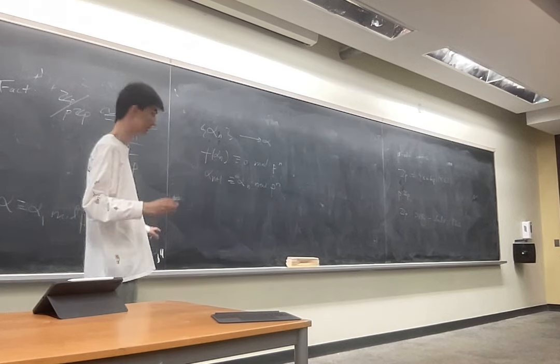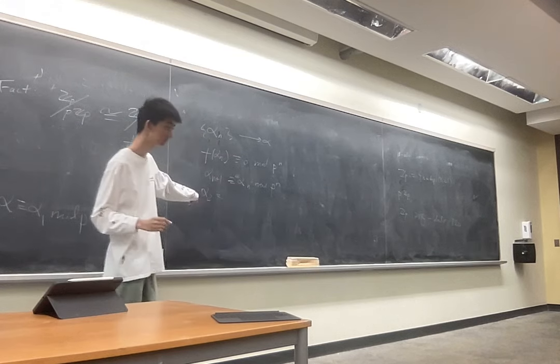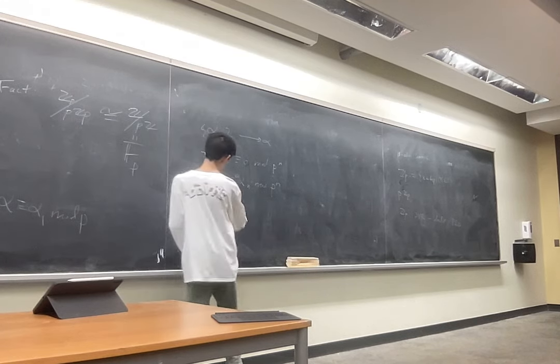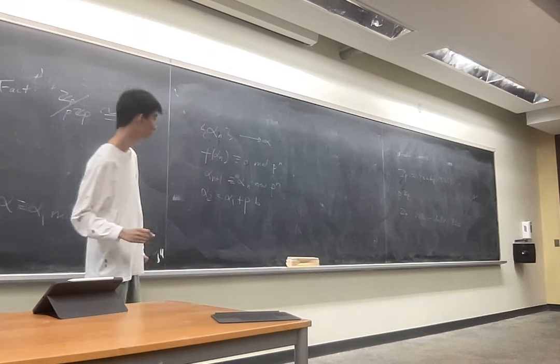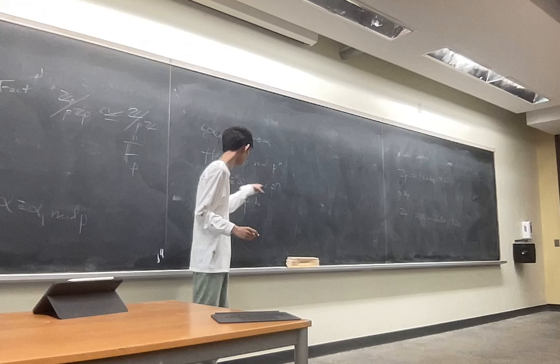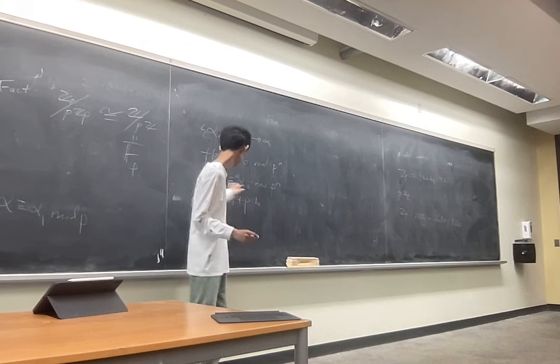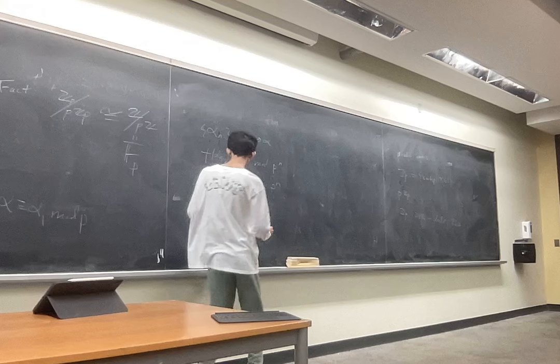So how do we do it? It's actually very easy. We just try to construct alpha 2. To make this work, alpha 2 has to be alpha 1 plus p times something, b, because we want them to be the same modulo p when n equals 1.